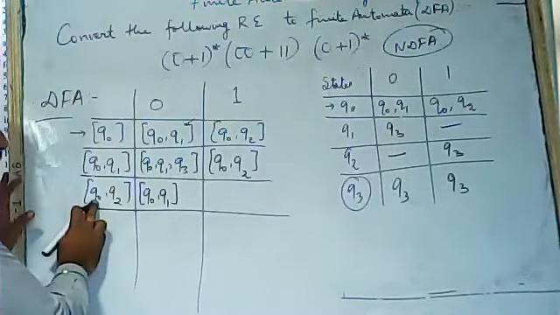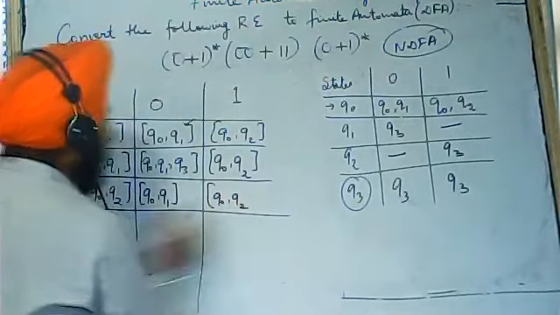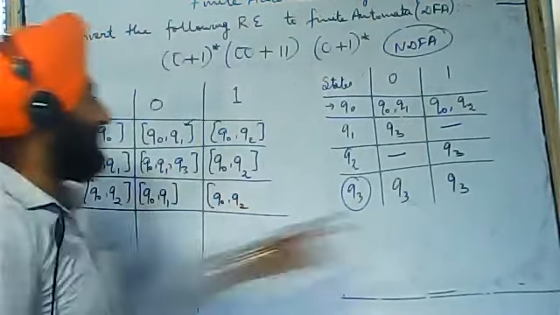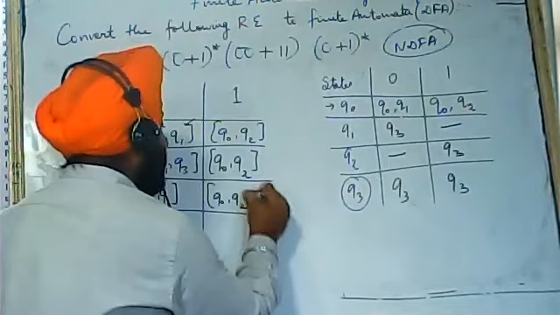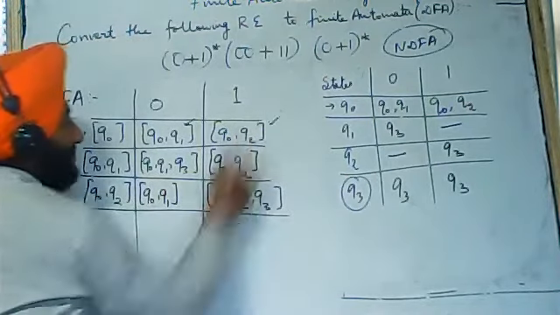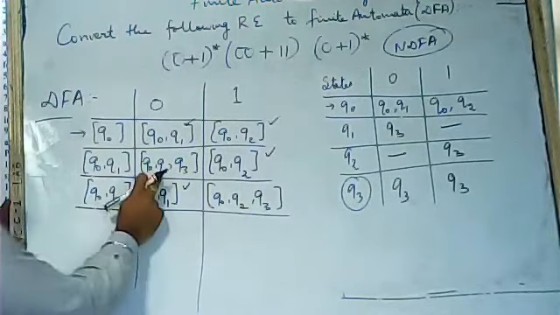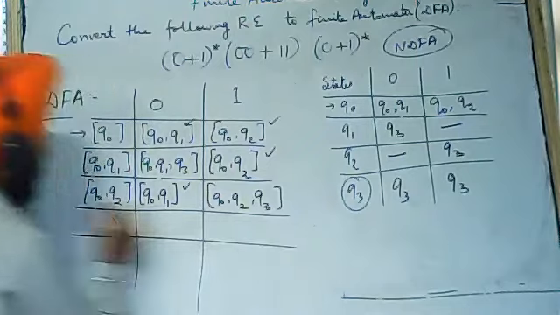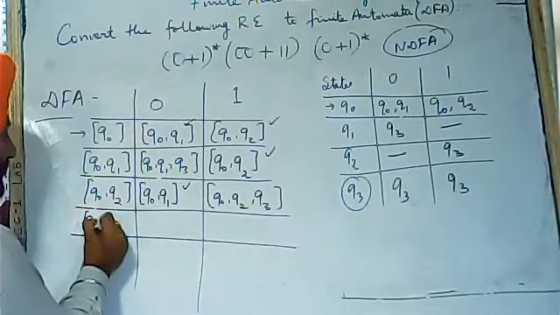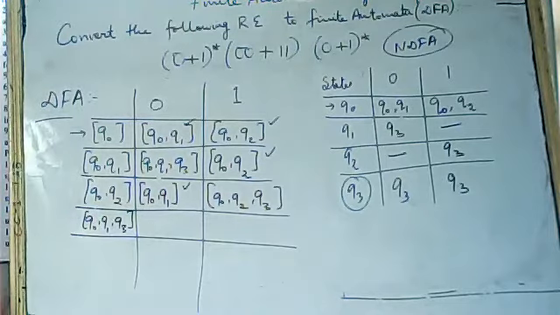First of all, q0 upon the processing of 1 is q0, q2, and q2 upon the processing of 1 is q3. So this has been written, this has been written, this has been written. Now you have to write q0, q1, q3 and check the processing.